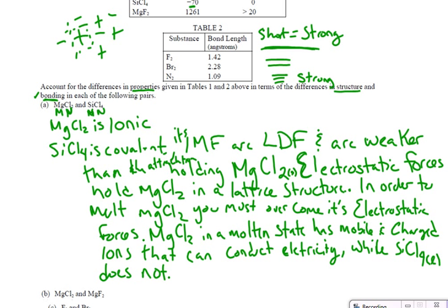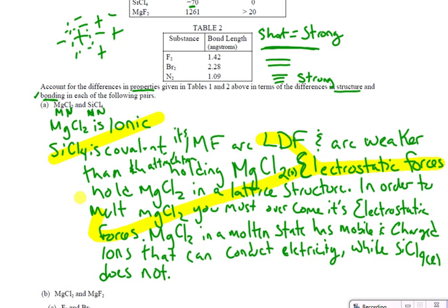So now we just have to go back and see how many points. This question's worth 3 possible points. You got 1 point for pointing out that silicon tetrachloride is covalent and magnesium chloride is ionic. You got 1 point for pointing out that silicon tetrachloride has London dispersion forces, while magnesium chloride has electrostatic forces, and relating that somehow to the energy it takes to melt it.